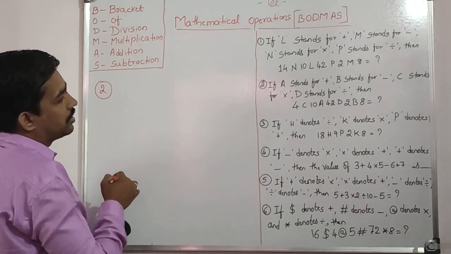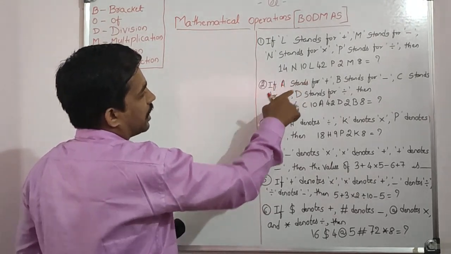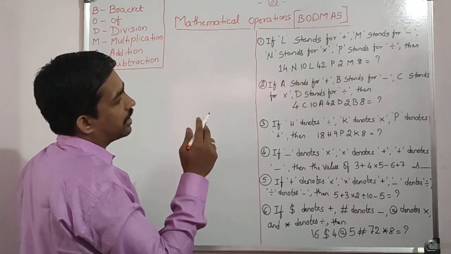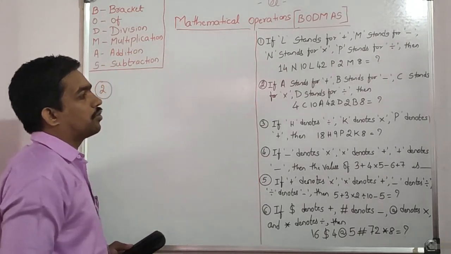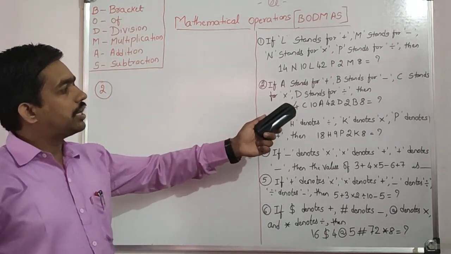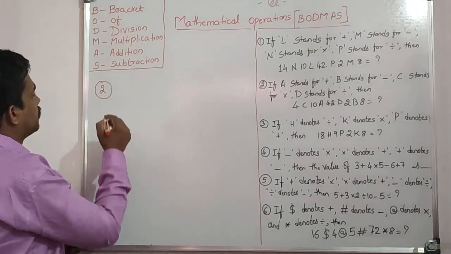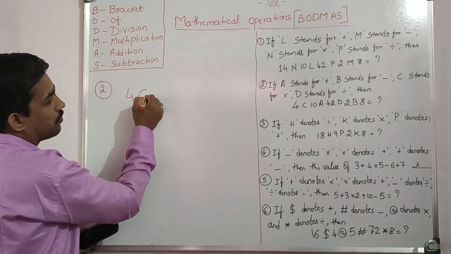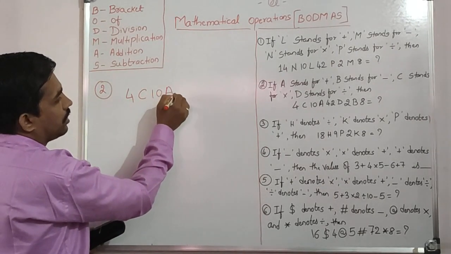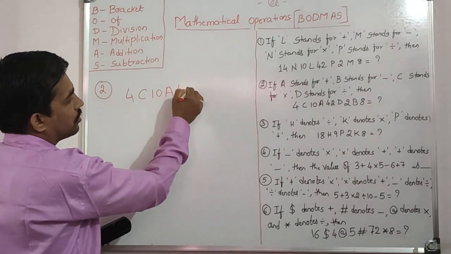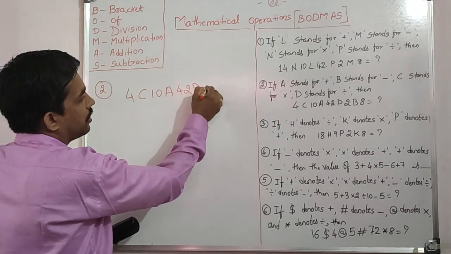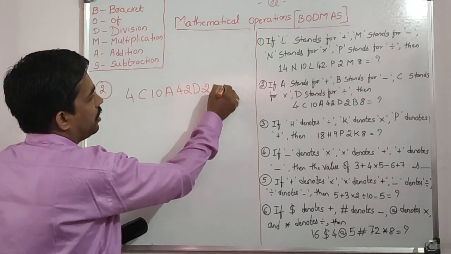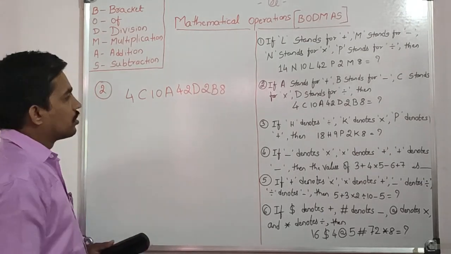Second question: if A stands for plus, B stands for minus, C stands for multiplication, D stands for divide, then 4C, 10A, 42D, 2B, 8.